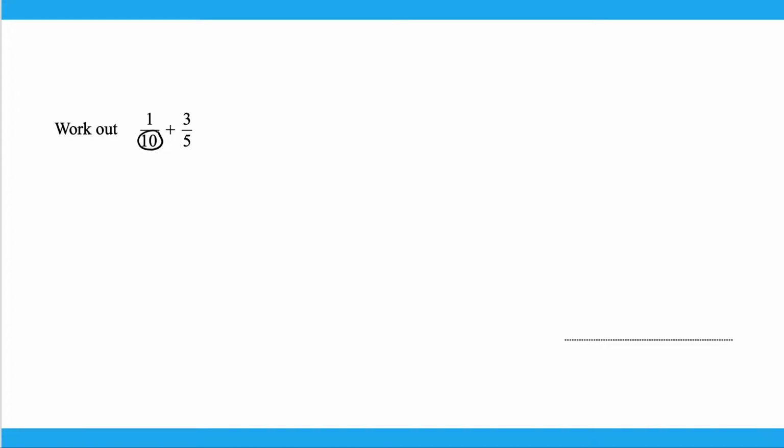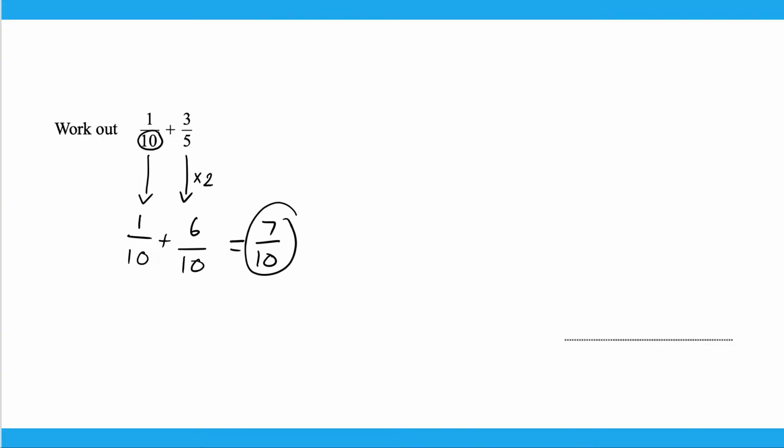Okay, so in this case we can just multiply 5 by 2 to get 10, and we can just bring this 1 down here. So we have 1/10 add 3 times 2 is 6 and 5 times 2 is 10. Now both of them have the same denominators, so you would do 1 add 6, which is 7, and the denominator stays the same.